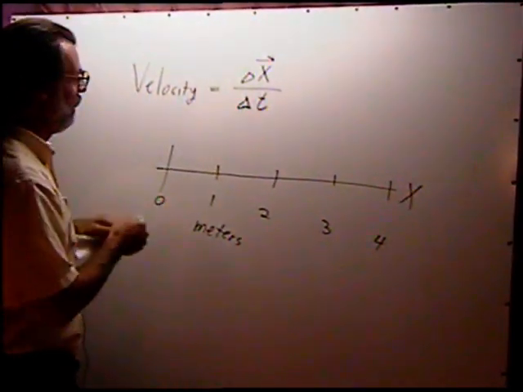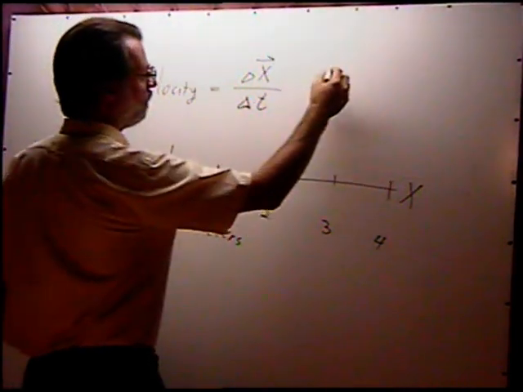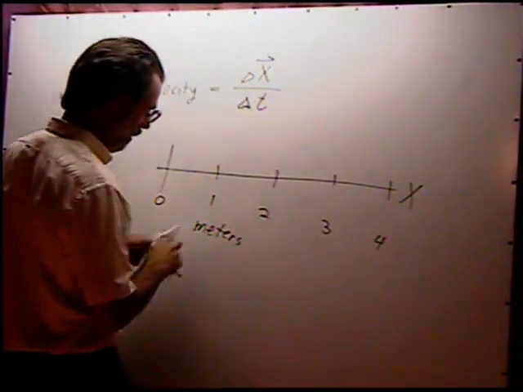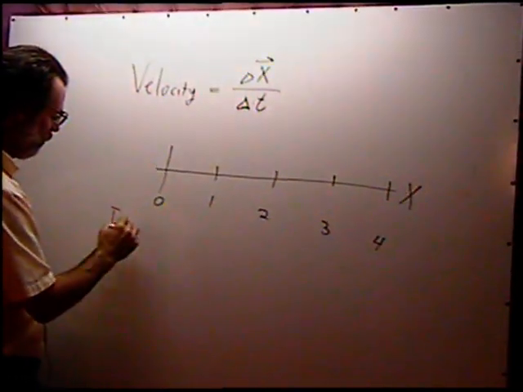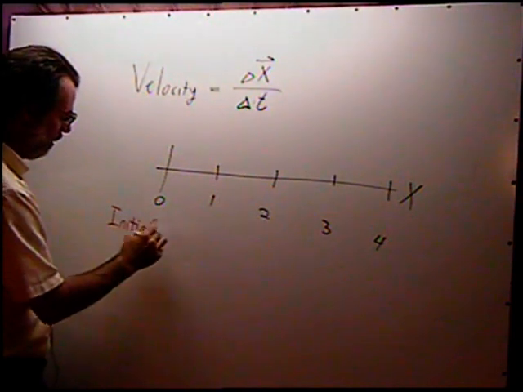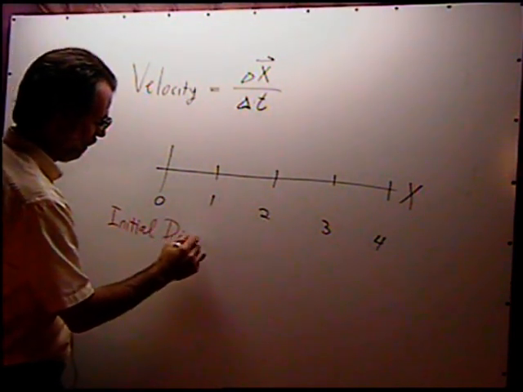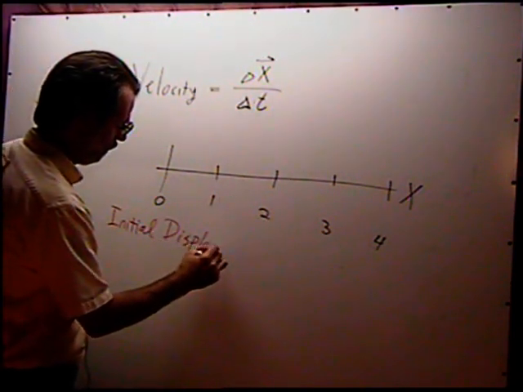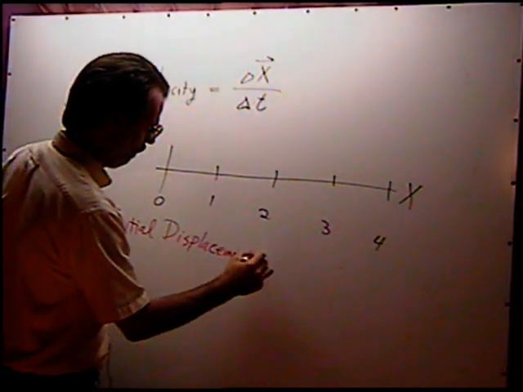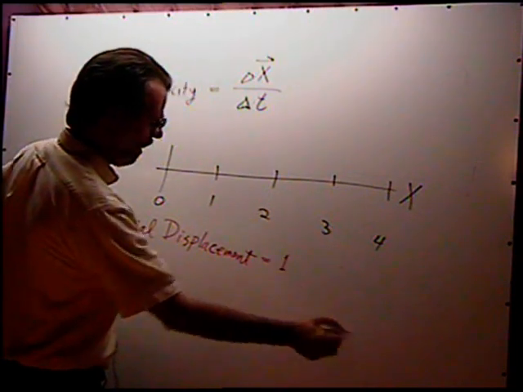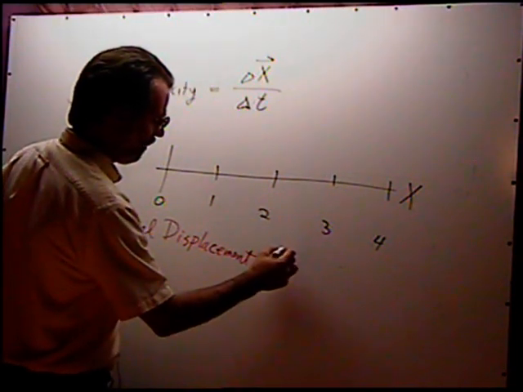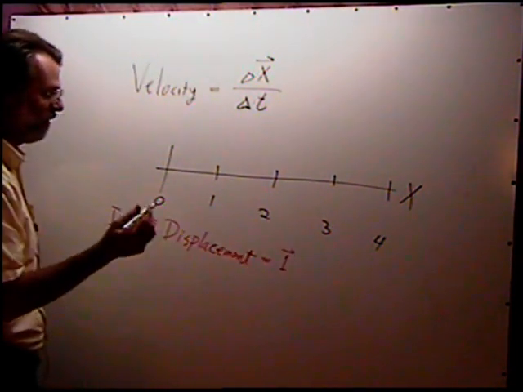Now, if I have an initial displacement of 1, I'm going to write that as a vector.